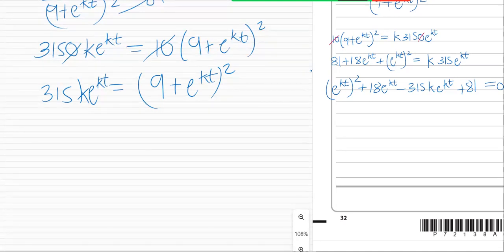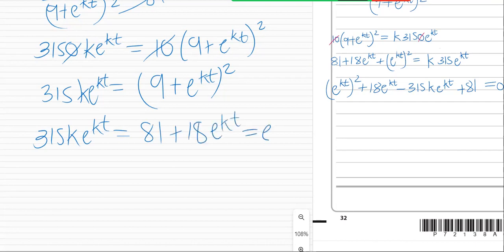Now we can times out this bracket. So 315 k e^(kt); 9 times 9 is 81; 9 times e^(kt) times 2 is 18 e^(kt). And then we have e^(kt) squared. Oopsie, that's a plus, all plus. e^(kt) times e^(kt) is e^(kt) squared. Right, where were we?